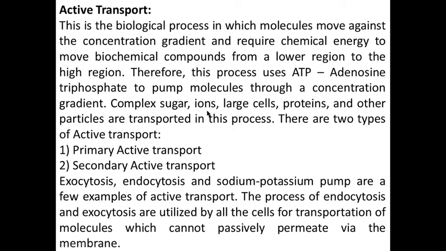Complex sugar, ions, large cells, proteins, and other particles are transported in this process. There are two types of active transport. First, primary active transport, and number two is secondary active transport. Exocytosis, endocytosis, and sodium potassium pump are a few examples of active transport.